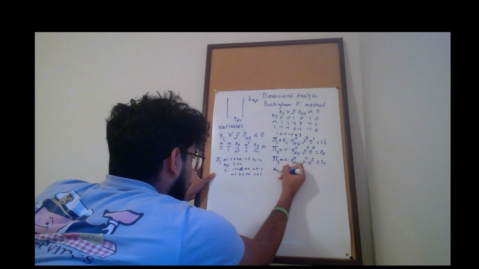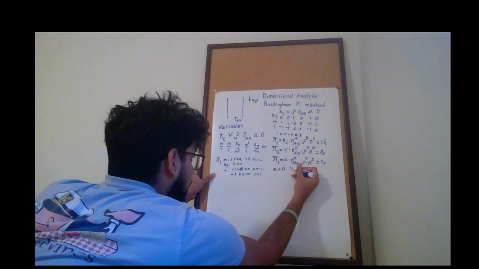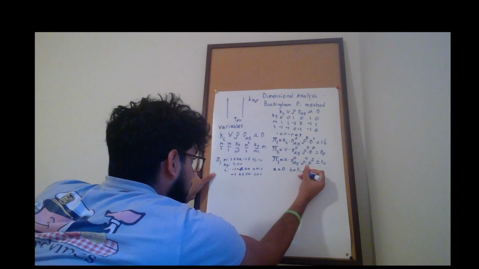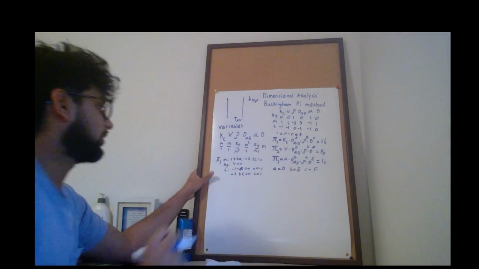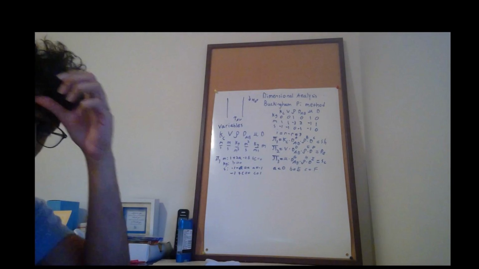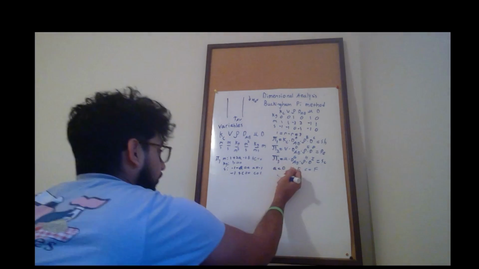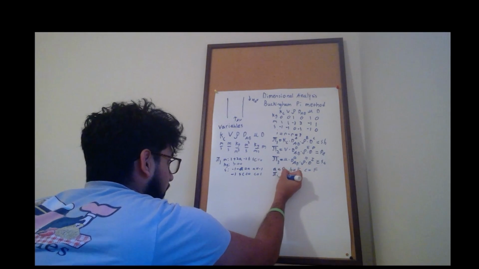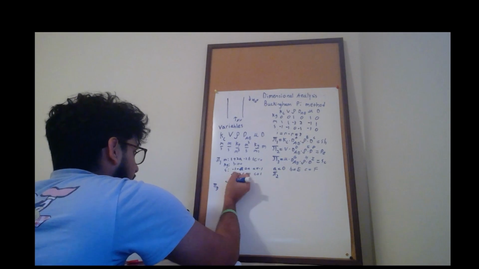So we have a equals d, b equals e, and c equals f. And then after that, we can solve. So this is all for the second pi group.